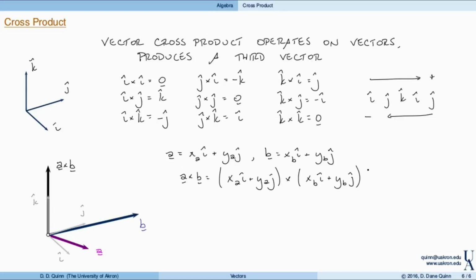And I'll remind you again that the cross product is not multiplication. It's something different. It's a different operation. Multiplication is defined in terms of scalars. But this is a vector cross product. So when I expand this out, I have xa xb times i cross i.